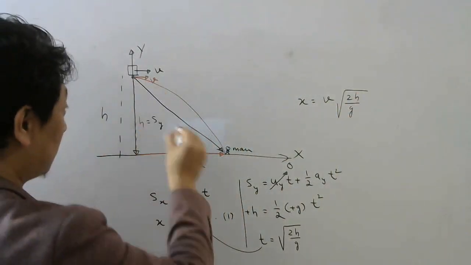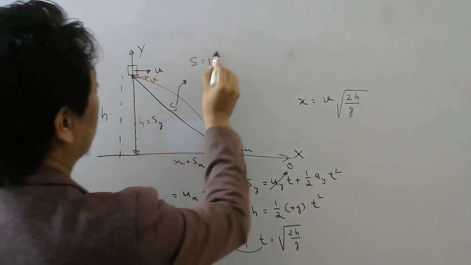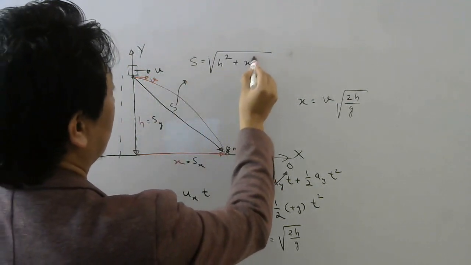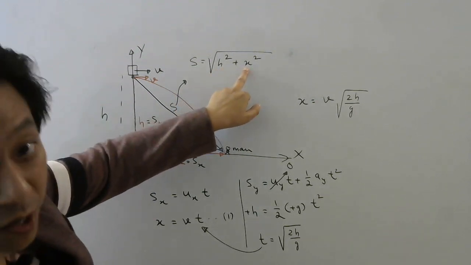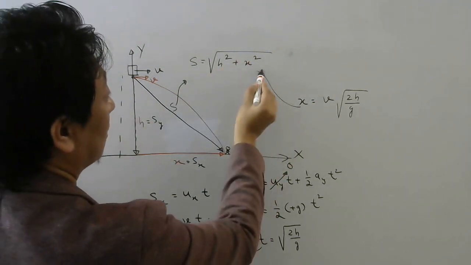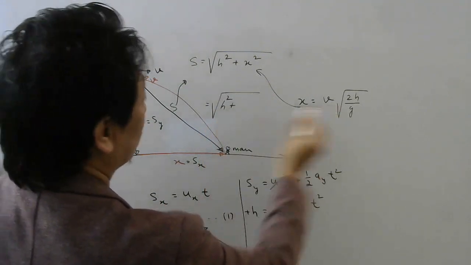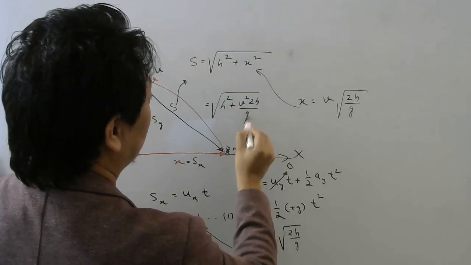So now this distance, if I want to calculate s, that will be root over h square plus x square. Now the option has h. I need to substitute for x. So substitute for x here. What will you get? Root over h square plus x square will be h square plus v square times 2h by g.